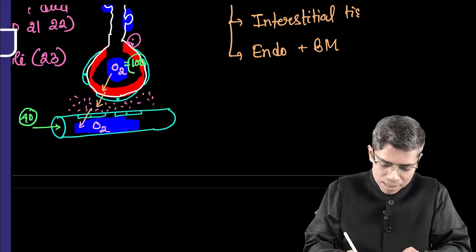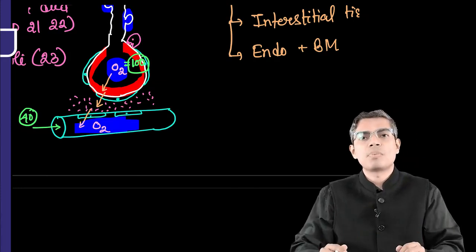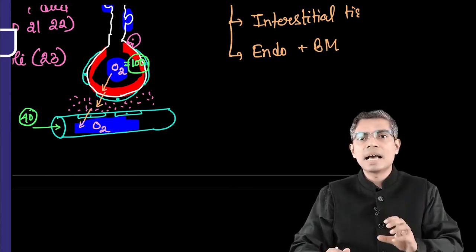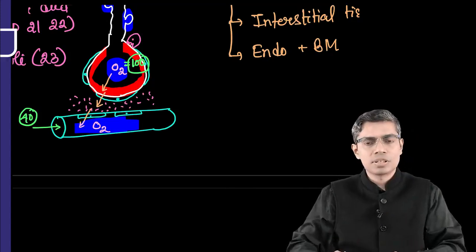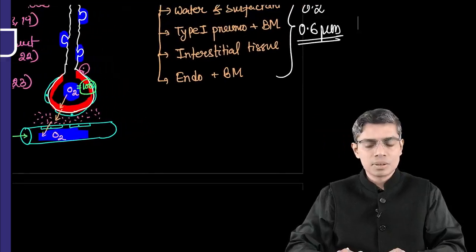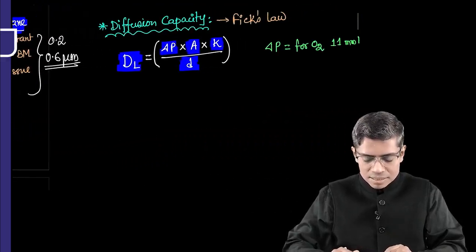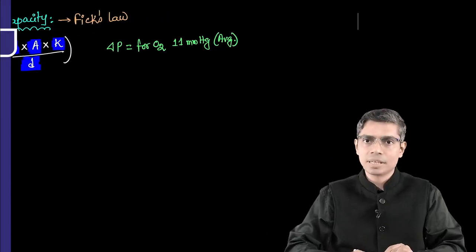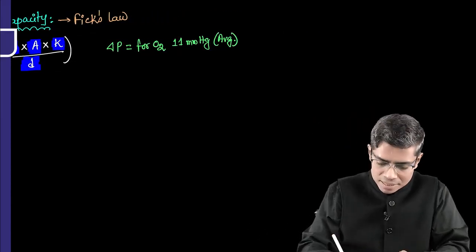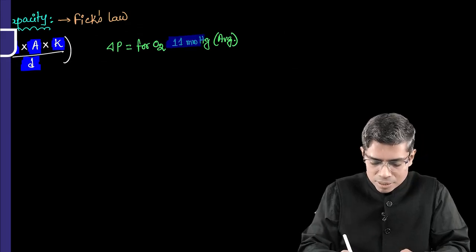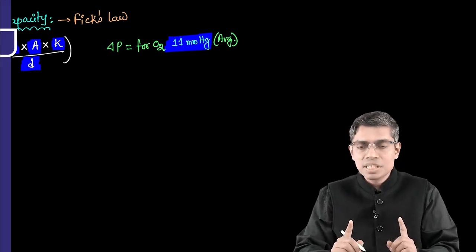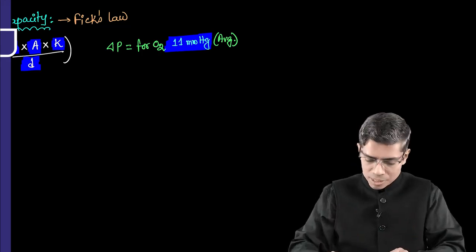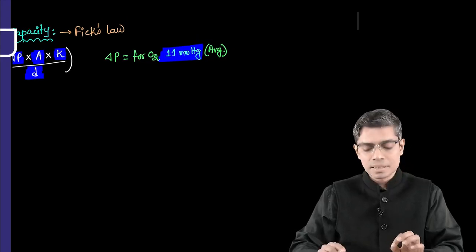So if I ask you the difference of partial pressure of oxygen between alveoli and capillary blood, the venous blood, obviously 100 minus 40, so it will be 60. But what I told you is that this is not the average one. I will explain why it is 11, but for the time being remember that the average partial pressure difference for oxygen is 11 millimeter of mercury, clearly given in Guyton.